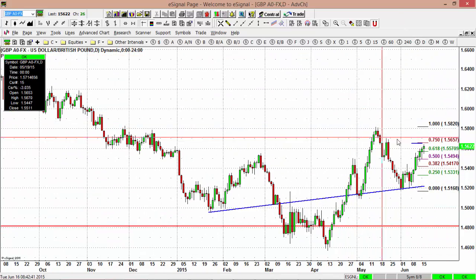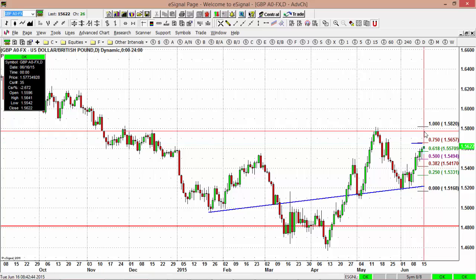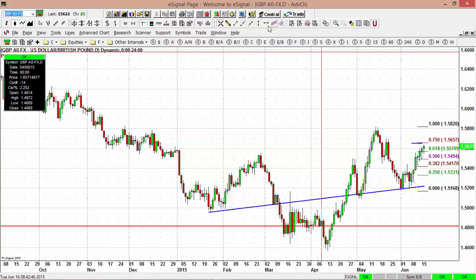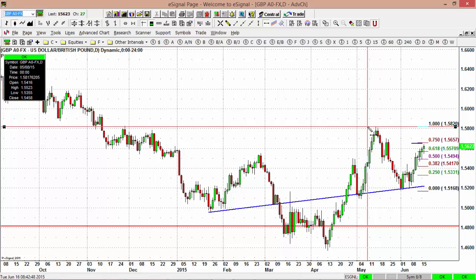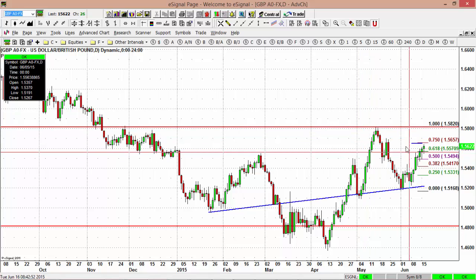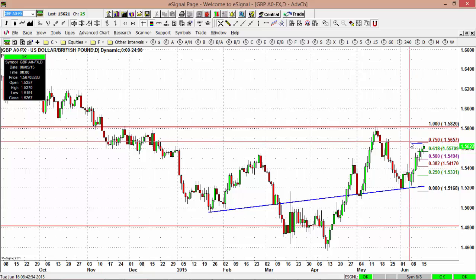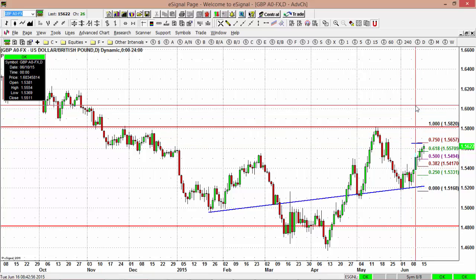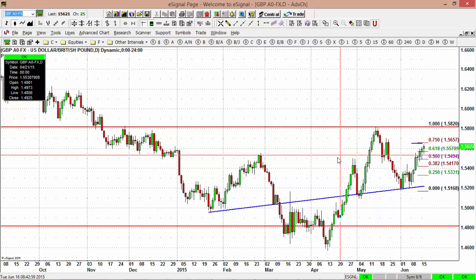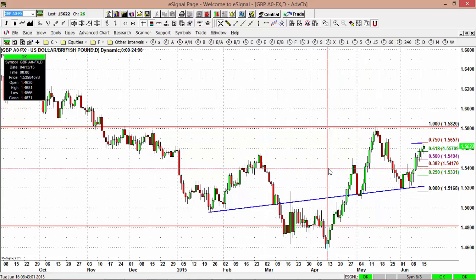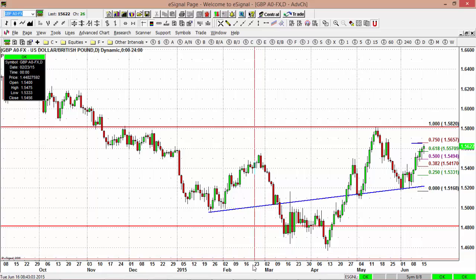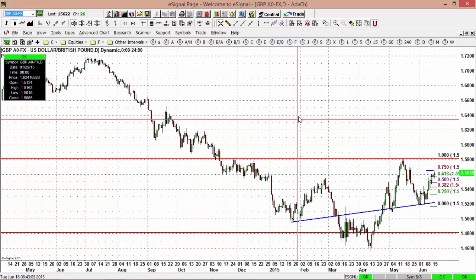So we're going to see if the market can test this 158 level. If it can, this will be our initial target. We're actually long this market for our portfolio, and we're up about 100 pips or so on this British pound trade.